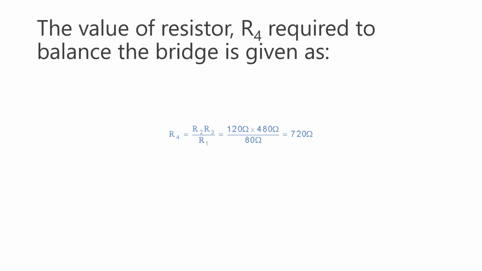So these are about the bridge balance conditions, AC bridge and DC bridge. Of course, in a DC bridge, only the magnitudes, or only the component values, are taken. In the AC bridge, along with the magnitudes of the component values, we also should consider the phase angles. Then only the bridge is said to be balanced.